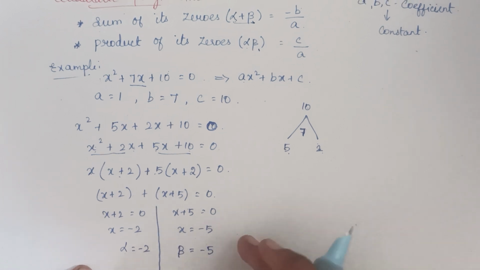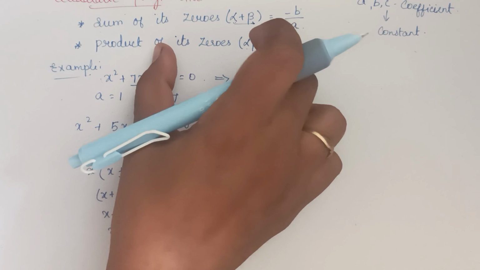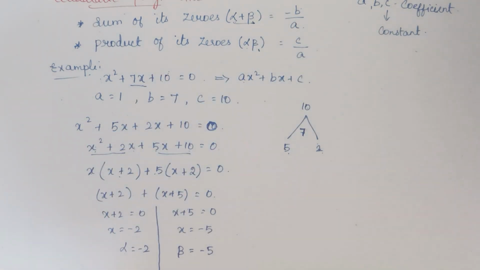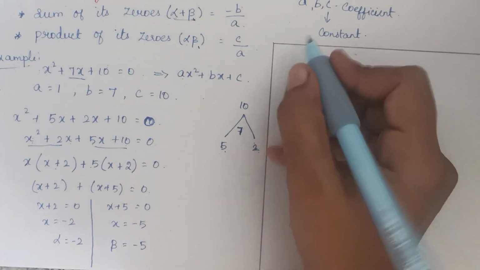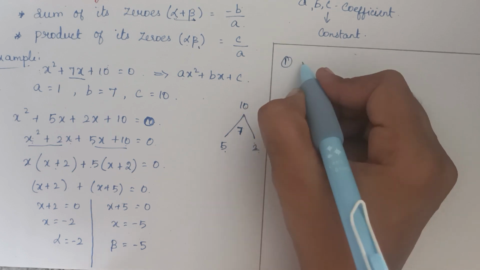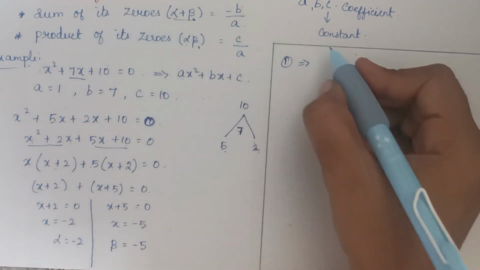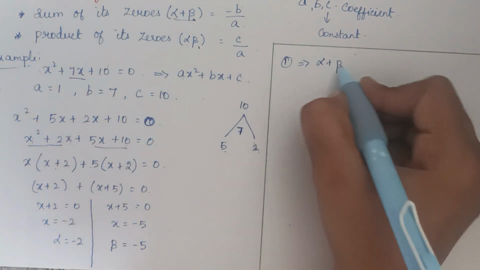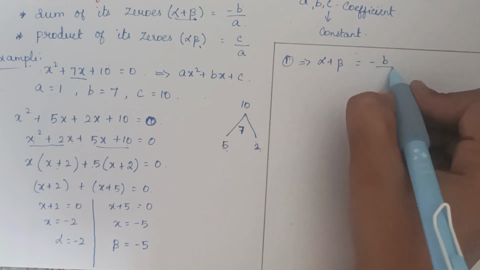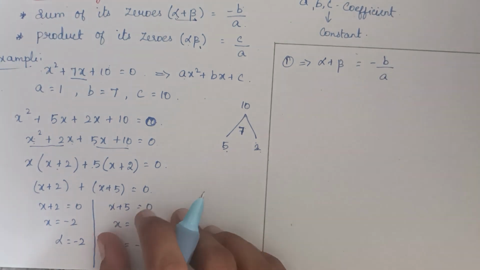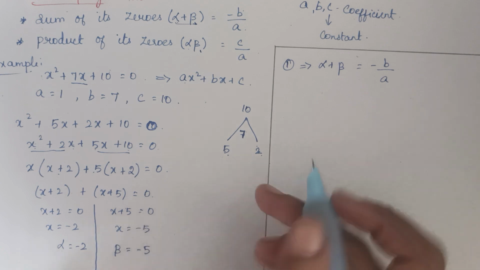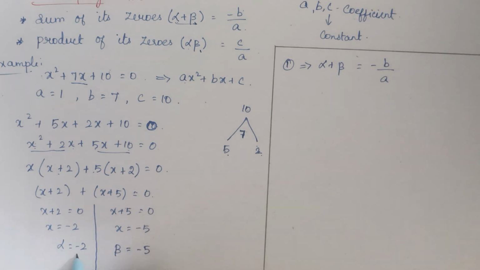Okay. Now we want to use these values in the formula. What is the first formula? Sum of zeros: alpha plus beta is equal to minus b by a. So alpha plus beta, what is the value of alpha?